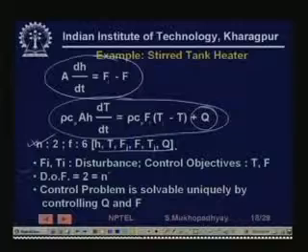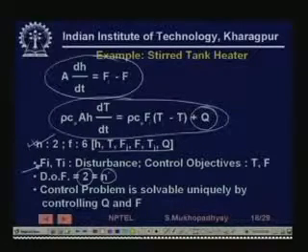Of these, 2 are disturbances, Fi and Ti, that is flow rate and the temperature of the feed. We assume that we cannot control those, so 2 are lost. So 6 minus 2 minus 2, the remaining degrees of freedom is 2. That means it can take up to 2 control objectives.